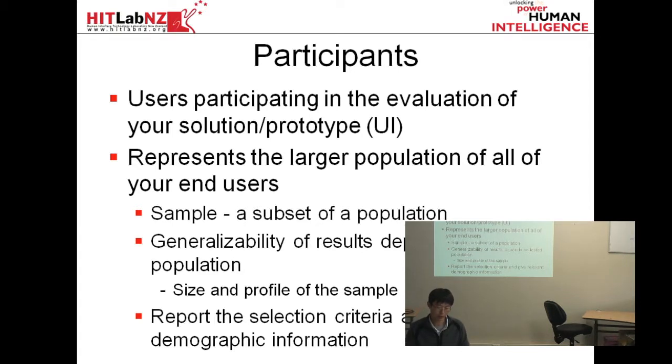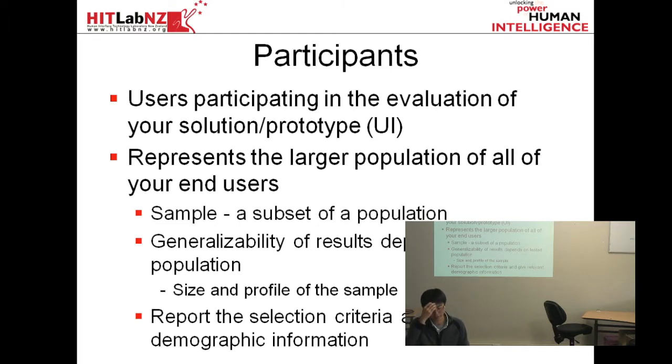In other study fields, another term that we can use is subject, human subjects. But sometimes it makes people feel like a rat in a lab. So we usually use the word participants rather than subjects because it feels more polite.